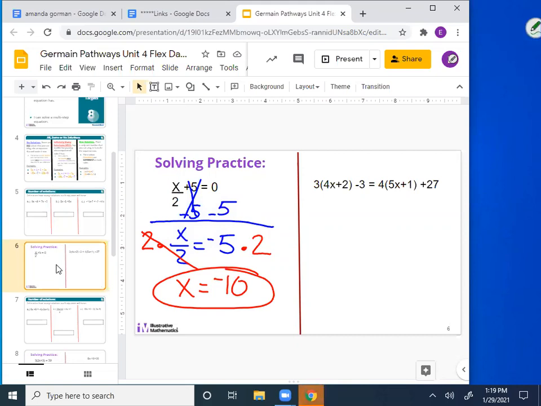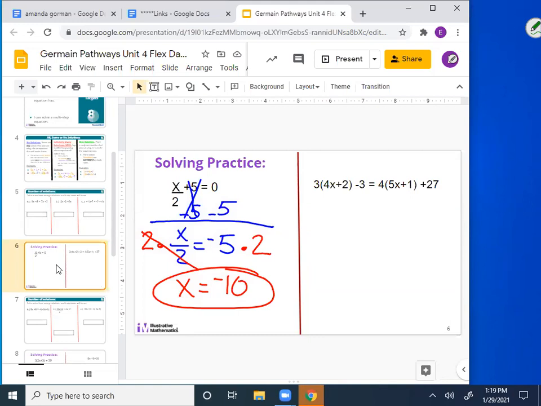Hey, this guy looks scary. He's a lot. So, my question to you, we're looking at this guy here. He's got a lot going on. What do we think our first move is going to have to be here? Olivia. You could add the 3 to both sides.